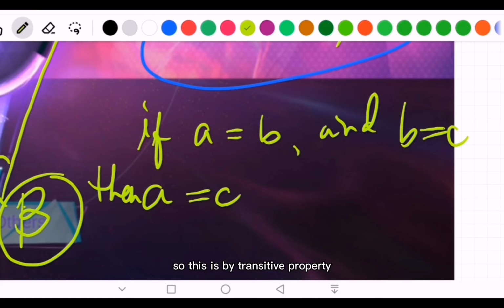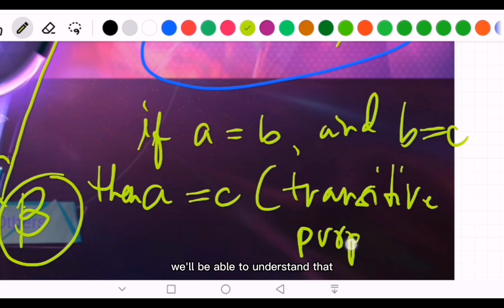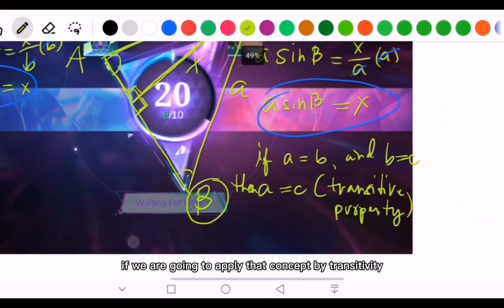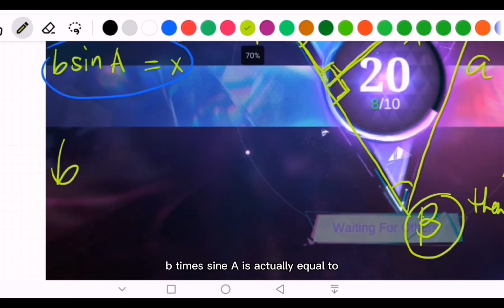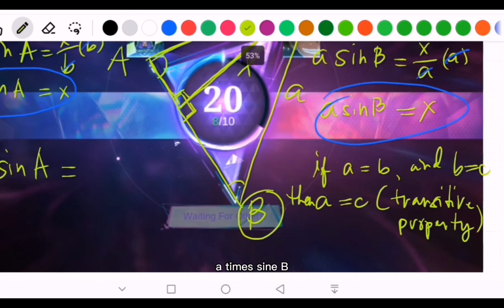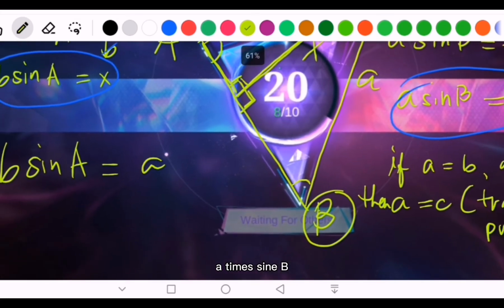So by applying that concept of transitivity, b times sine A is actually equal to a times sine B.